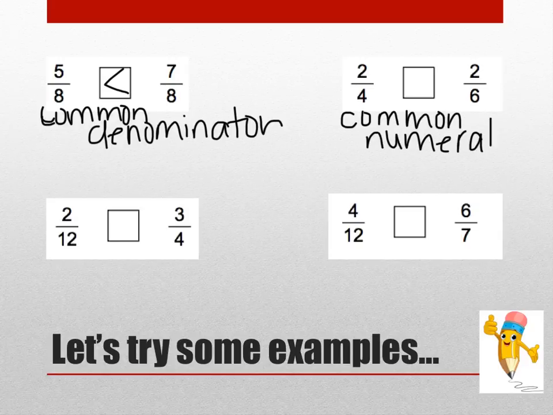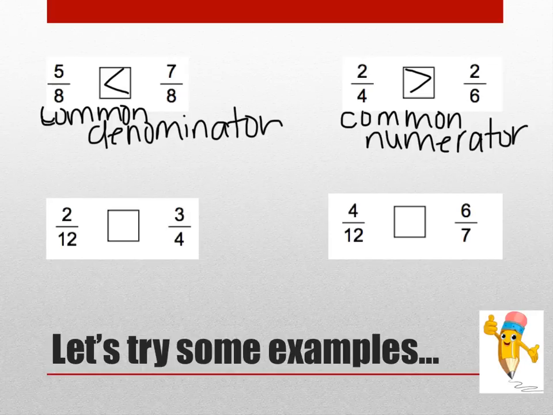When I compare fractions using a common numerator, I compare the size of those slices. 2/4 size pieces would be bigger than 2/6 size pieces. So 2/4 is larger than 2/6.